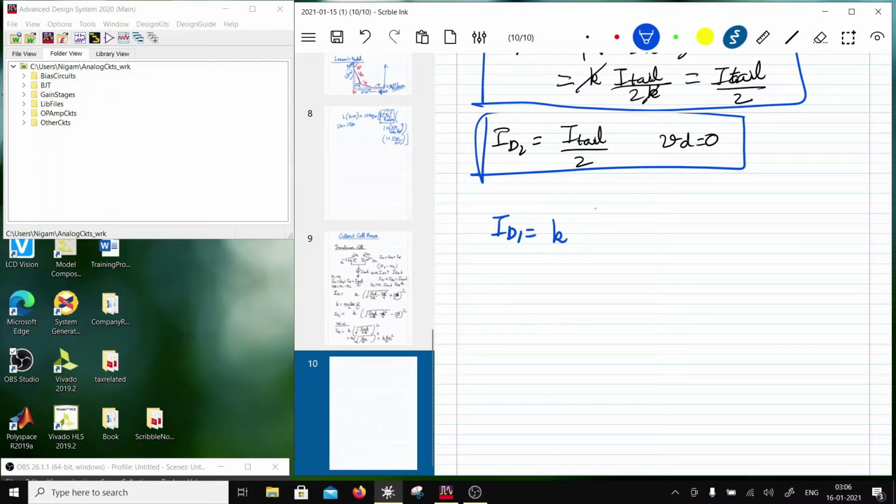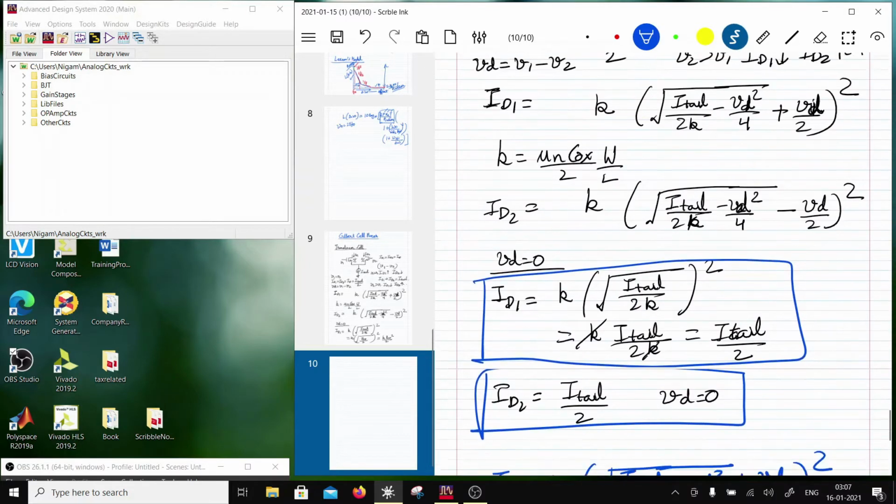It will be k times of square root of I tail by twice of k, because of a small signal variation Vd, minus Vd square by 2 plus Vd by 2, whole square.